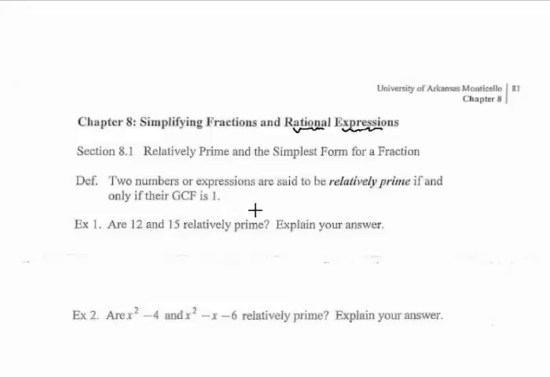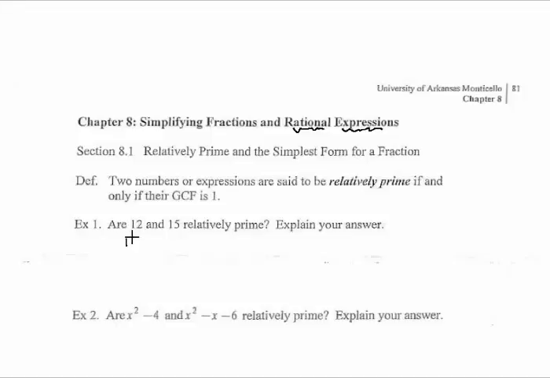So for instance, in example 1, it's asking us the question, are they relatively prime? Another way to phrase that same question is, is the biggest number that divides 12 and 15 equal to 1? If that's the case, then yes, they are relatively prime, but 12 and 15 are not relatively prime.